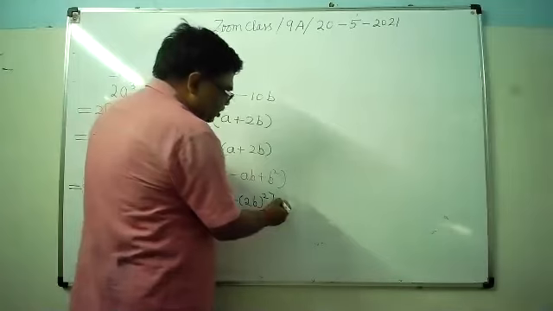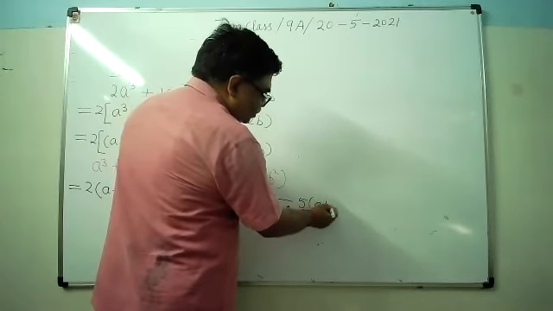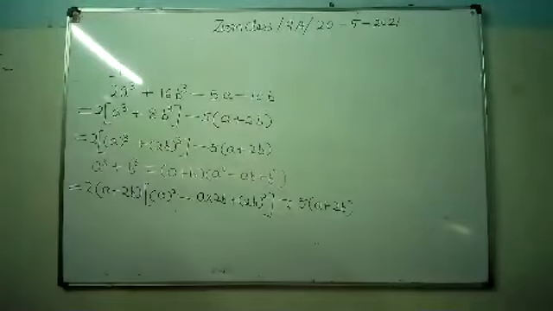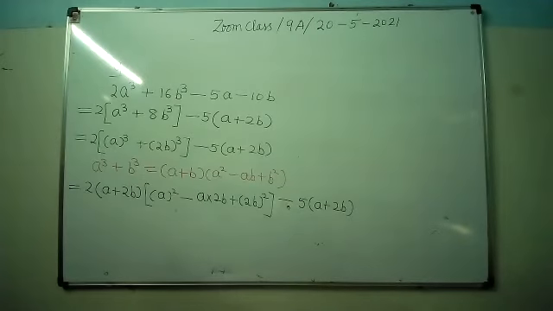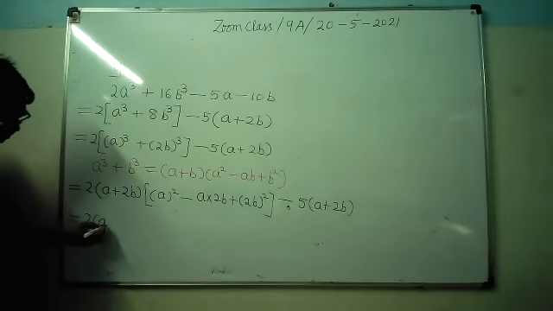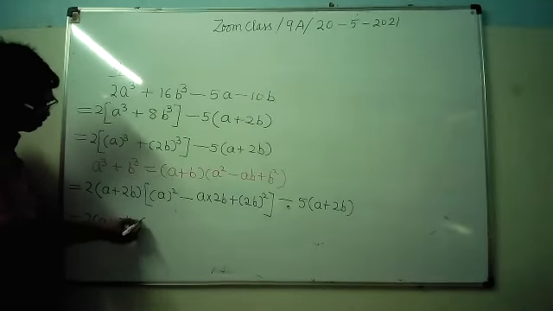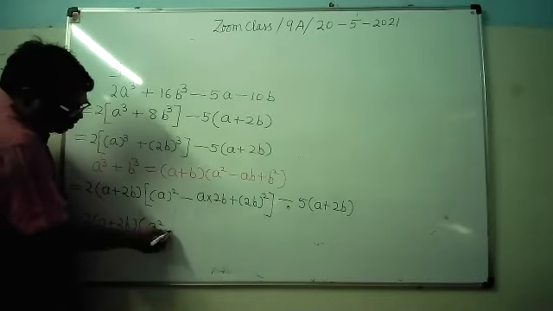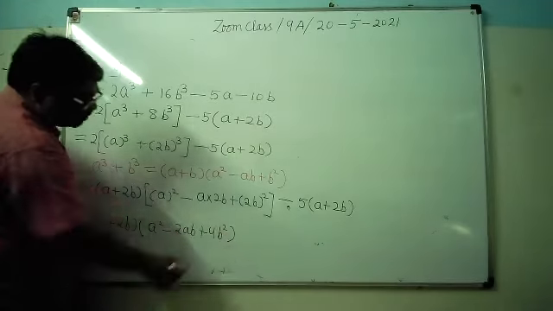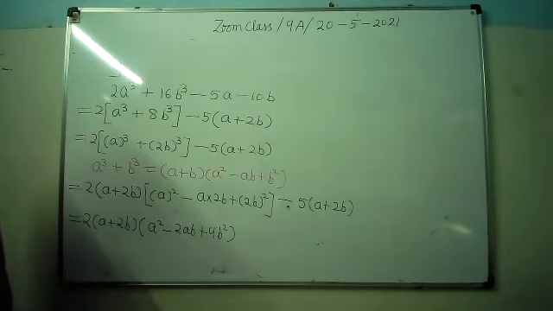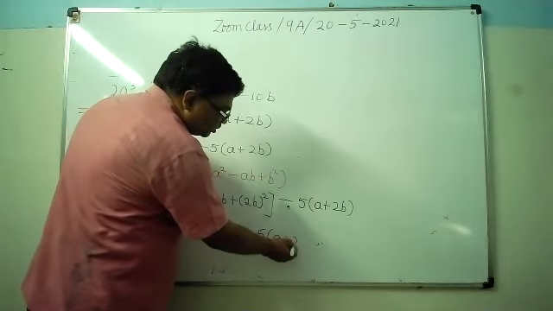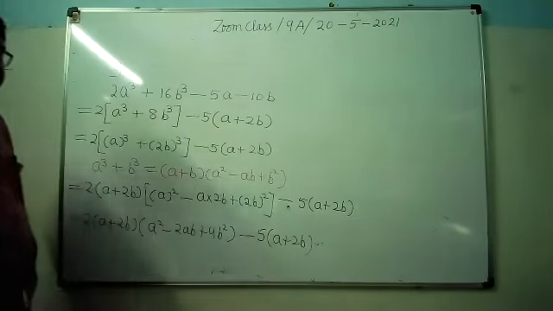And here this is minus 5 into a plus 2b. Now you will simplify the brackets. When you simplify, a square minus 2ab plus 4b square, minus 5 into a plus 2b.